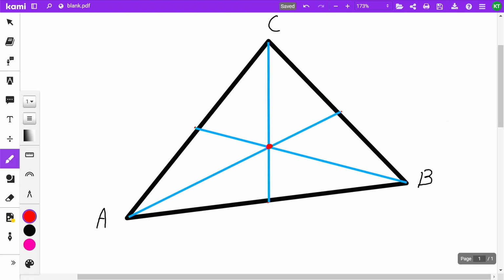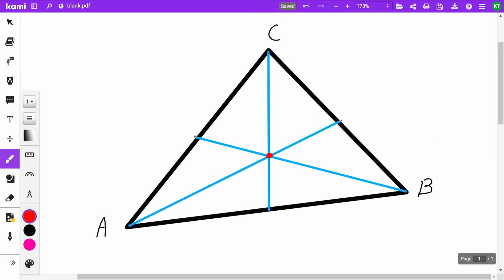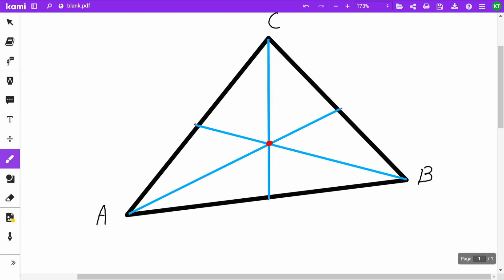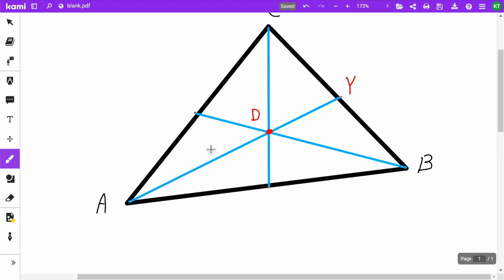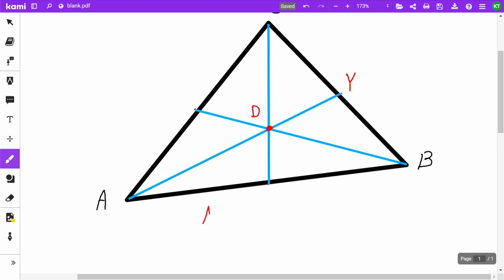Now, centroids are probably the most confusing ones in terms of knowing about the side lengths. So let's say this is Y right here, and then we'll say this is D again. So AD is equal to 2/3 of AY.